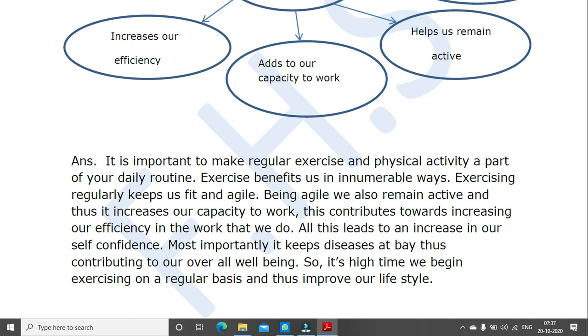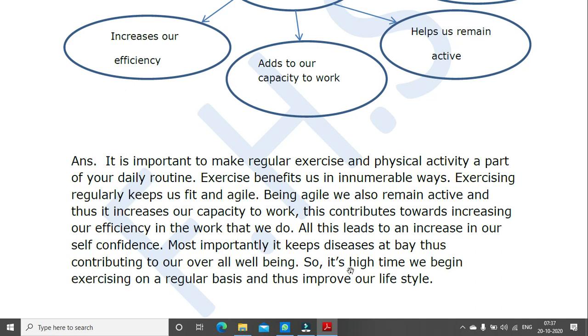Most importantly, it keeps diseases at bay, thus contributing to our overall well-being. So every point was included here, diseases at bay, and then overall well-being. Okay, so it's high time we begin exercising on a regular basis and thus improve our lifestyle. So I added my own point to begin with and my own summary of the whole thing at the end.